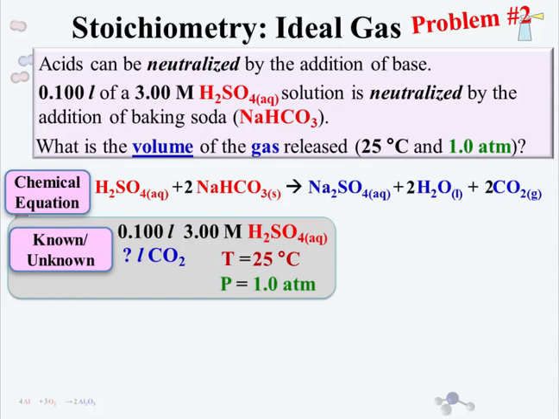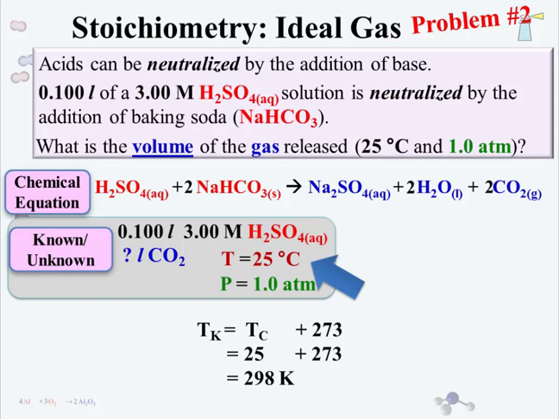As with the last problem, we will need to convert the temperature into the Kelvin scale. Temperature in Kelvin is equal to the temperature in Celsius plus 273. Inserting the 25 degrees Celsius and summing the values has 25 degrees C being equal to 298 K. Switch out the 25 degrees C for 298 K.